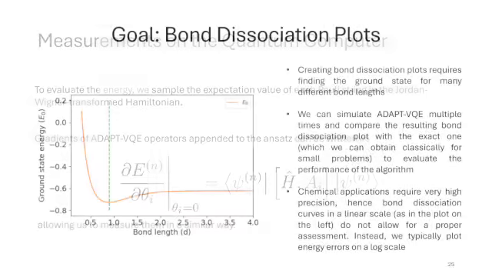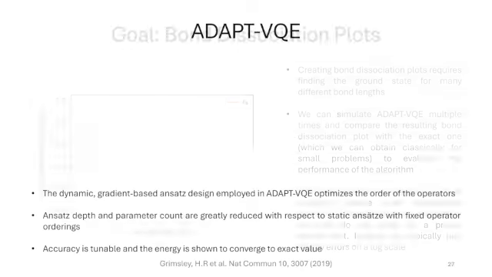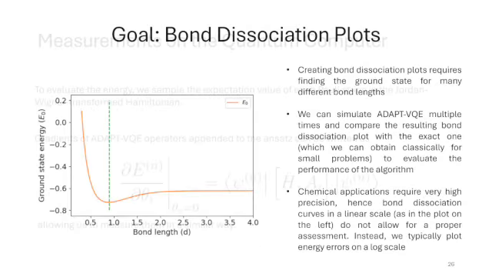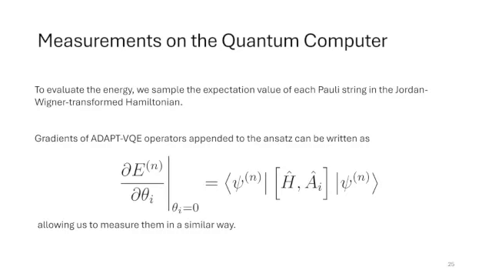Yes. So this is in essence like an analytic gradient, right? The cost of measuring a gradient is essentially the same as measuring the energy, or is there a cost scaling with the system size for the gradient? Like that is independent of energy or larger? Yeah, the cost to evaluate one gradient is similar. We do have multiple gradients to evaluate, while we only have one energy to evaluate.